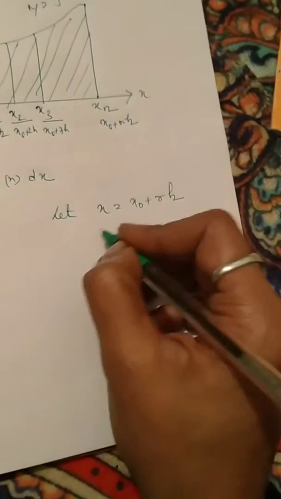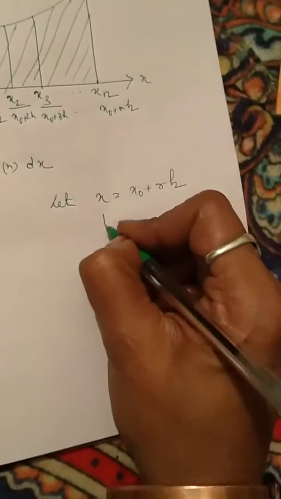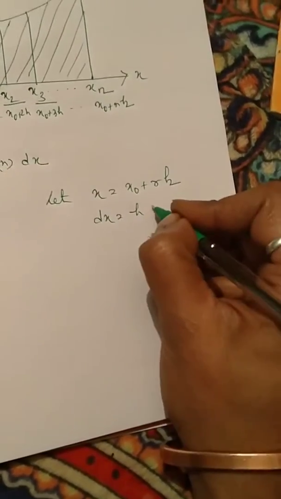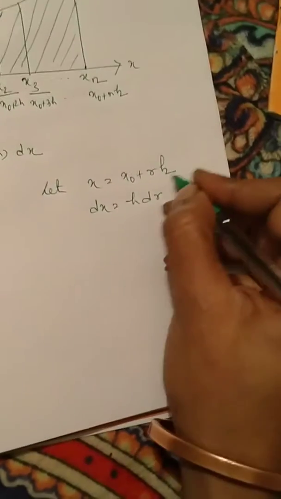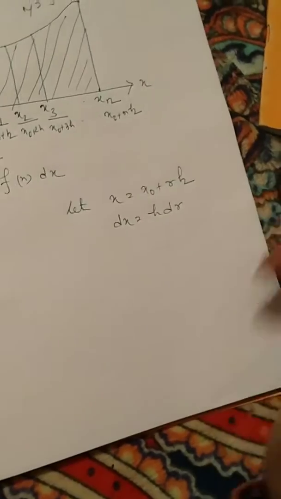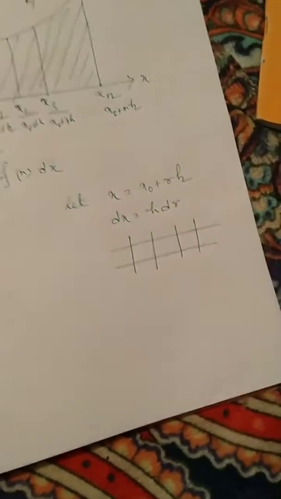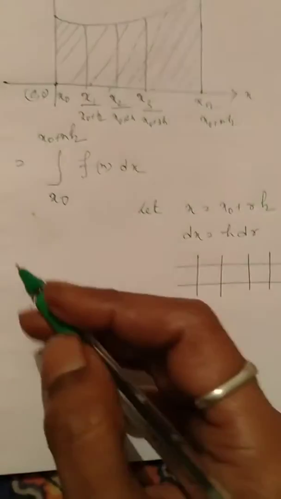So dx will definitely be h into dr. Here h is the constant part. As we substitute, definitely the limit will be changed.